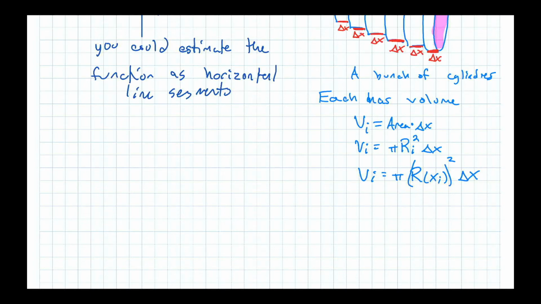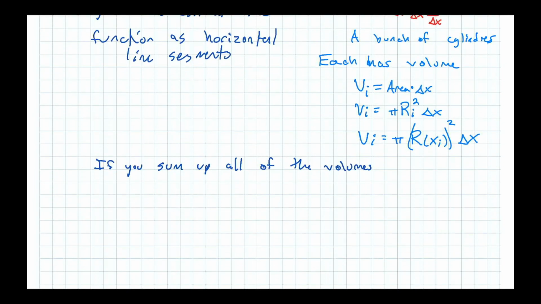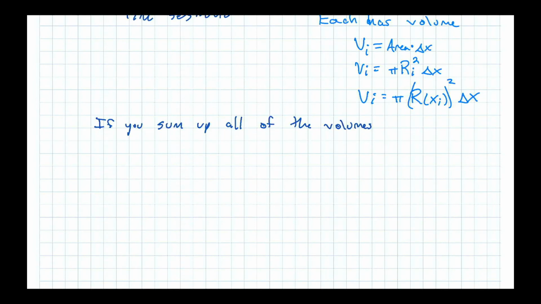So if you wanted to add up the volumes, what would you do? If you sum up all of the volumes, I'm not really being rigorous about how many there are or anything, it would be a summation, right?